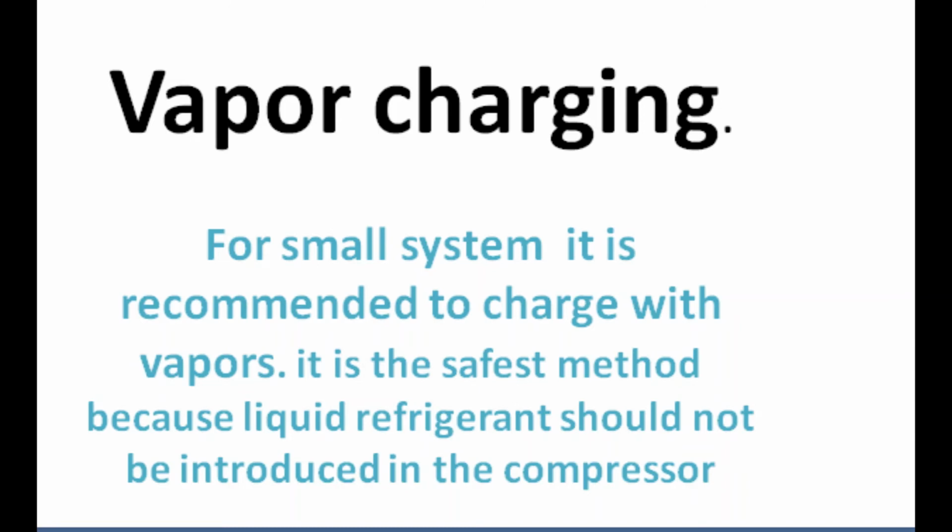For small systems, it is recommended to charge with vapors. Another advantage of this method is that it is the fastest method, because liquid refrigerant should not be introduced in the compressor.